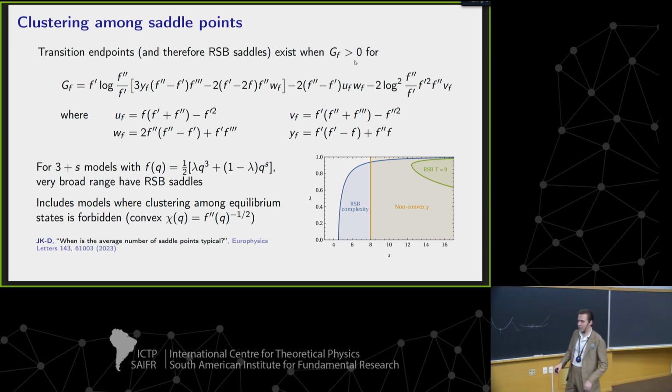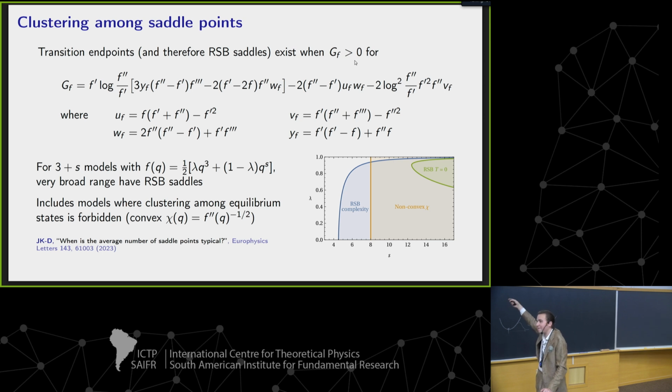They showed that when you do the generic RSB treatment of these models, you can express the whole action as a functional of this function chi, and it turns out that if this function, the double derivative of f to the -1/2, is totally non-convex, totally concave, then you have a full RSB system where the solution to the saddle point equation is equal to this.